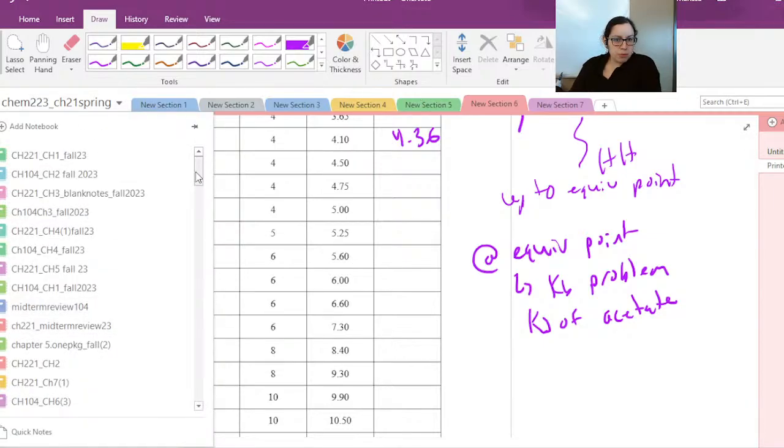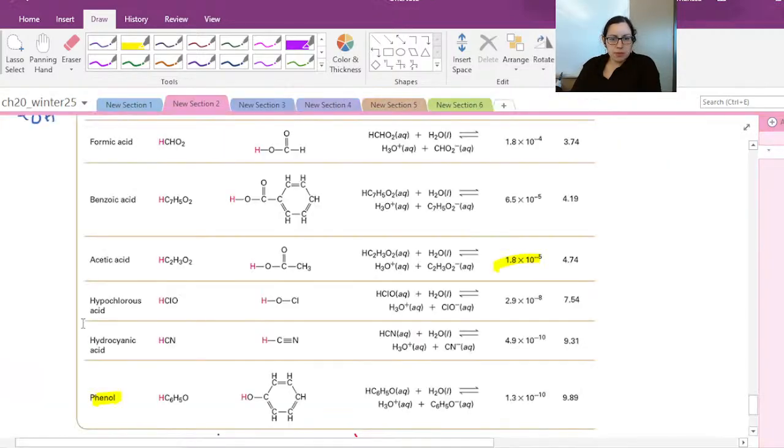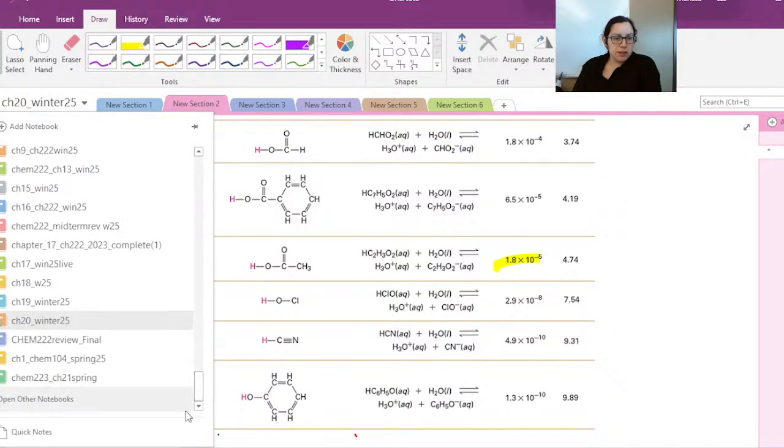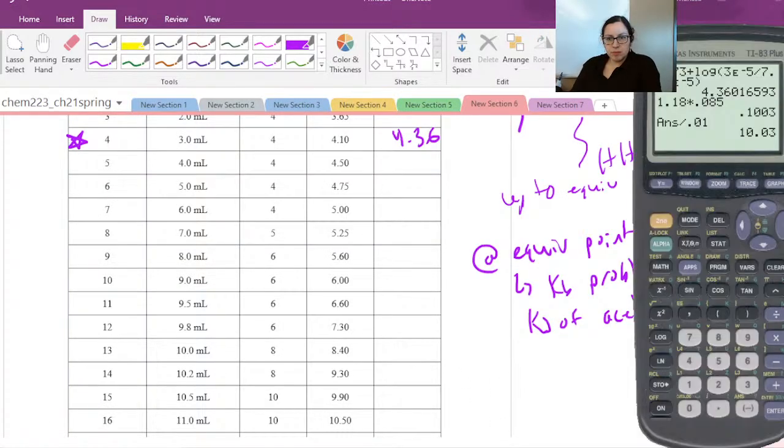So we said it was 4.74 or so. So then our pKb is 14 minus that. So probably about 9.